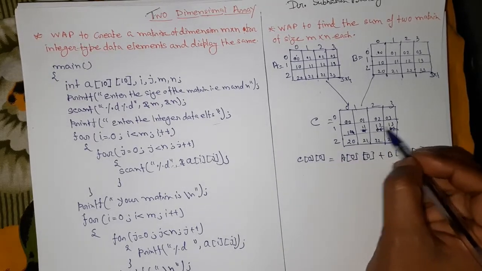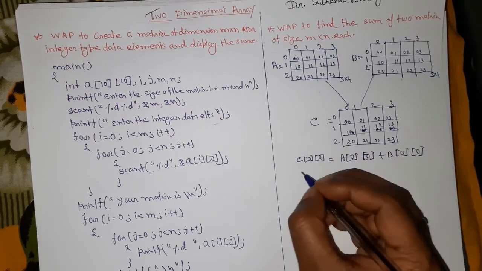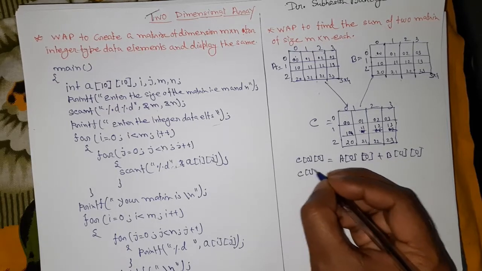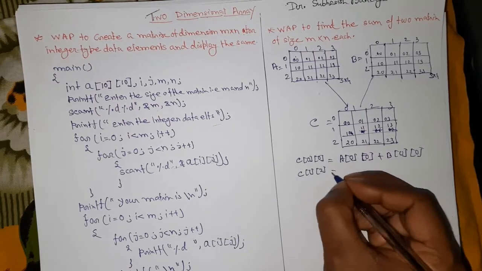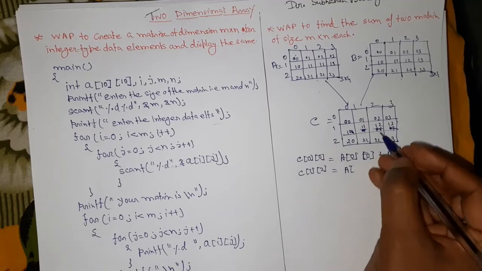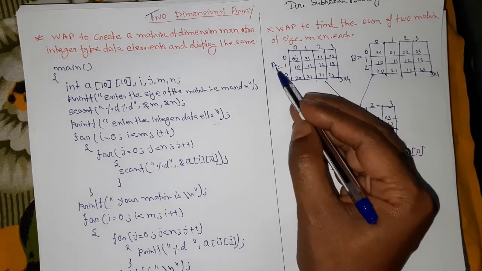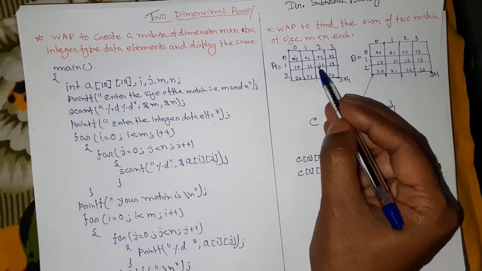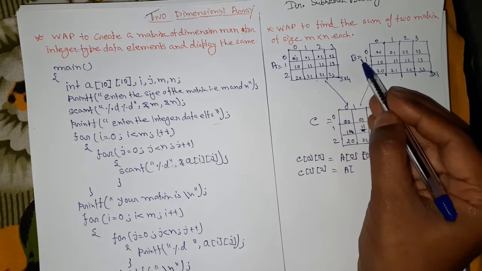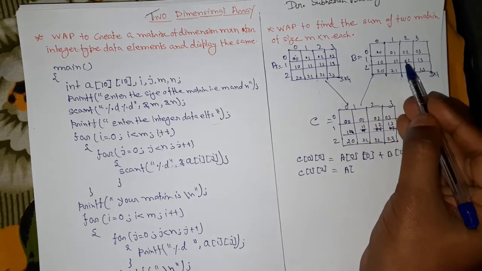Similarly, suppose you wish to find out the value of C of the 1st row and the 2nd column. It will be equivalent to the addition of the matrix A of the first row and second column with the matrix B, the first row and the second column.